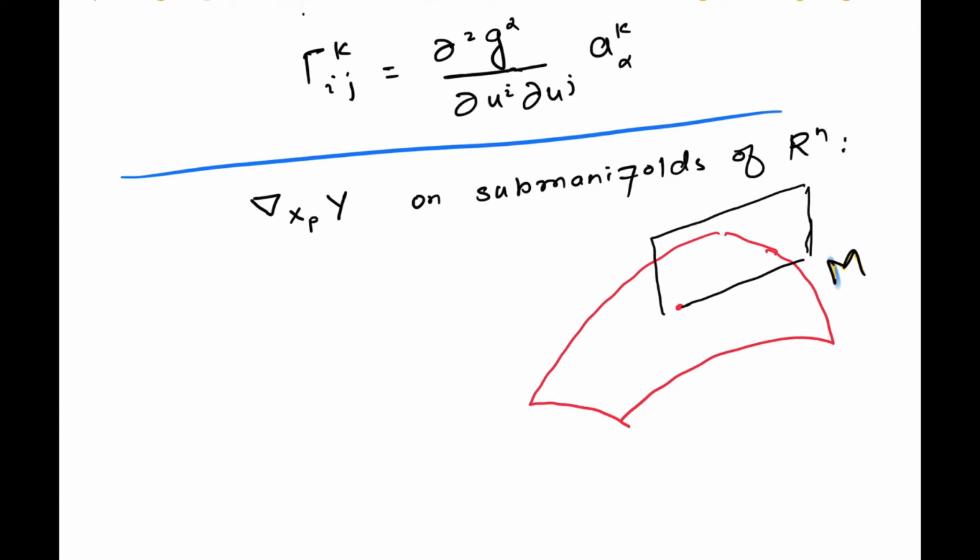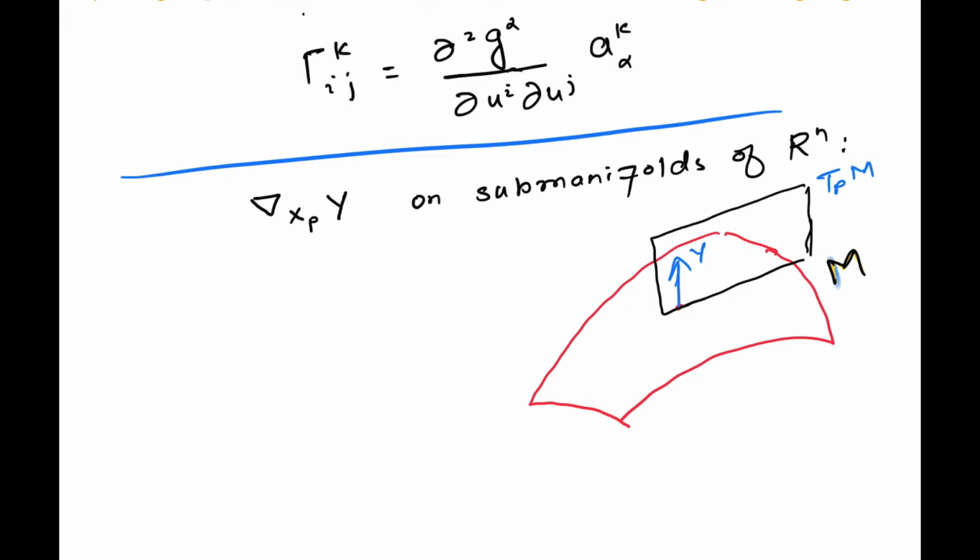Say this is the tangent space at this point. Now in this tangent space we have vector fields which I need to differentiate. So let me say I have this vector field Y over here, lying inside this tangent space of M, T_pM.